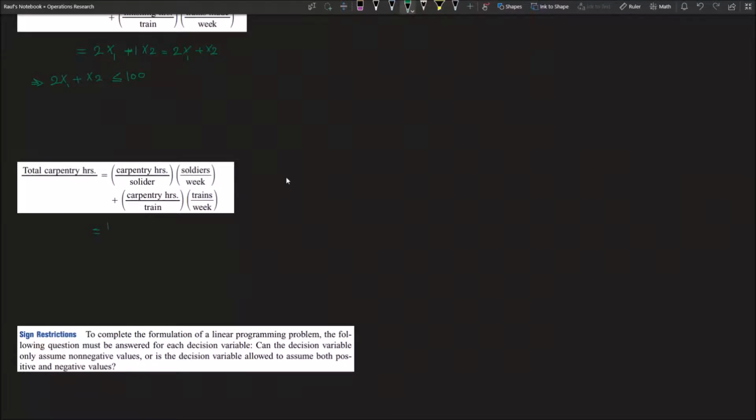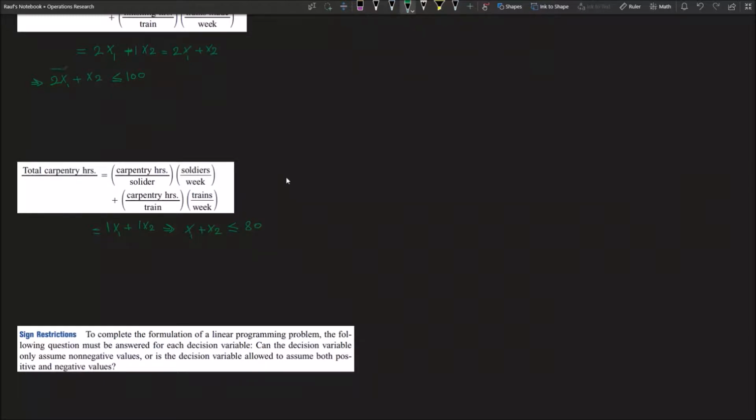So we can say 1 multiplied by x1 plus 1 multiplied by x2. That can be simplified as x1 plus x2, and we said x1 plus x2 for carpentry cannot exceed, so it will be less or equal to 80.